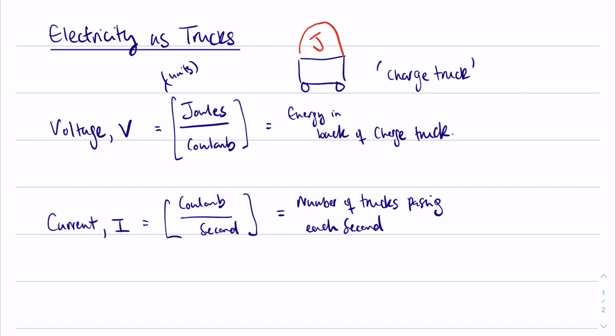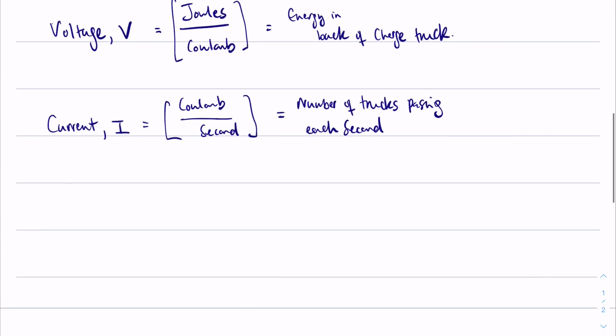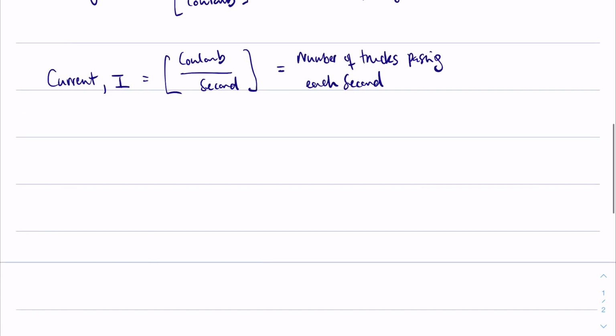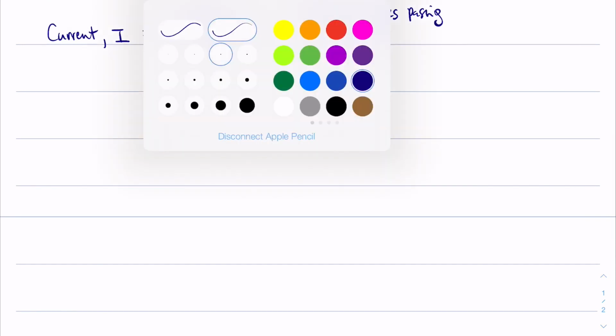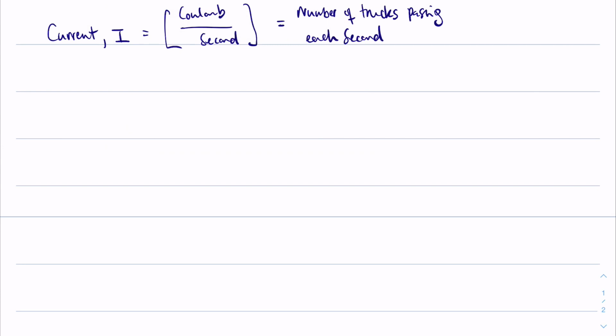So we can look at a circuit to visualize this. I'm going to draw my circuit out. I'm going to say that this is 6 volts, just to make our lives easier.